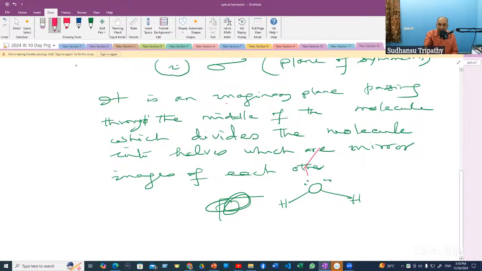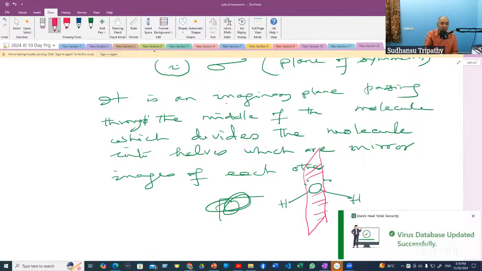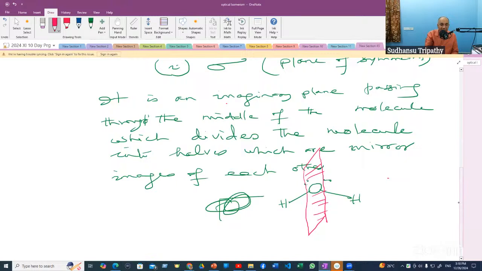That plane passing through the middle, which is perpendicular to the plane of the paper or of the screen, is a plane of symmetry, because this hydrogen will be imaging with this hydrogen. They're equidistant. Object distance is equal to image distance. Therefore the H2O molecule has a plane of symmetry.